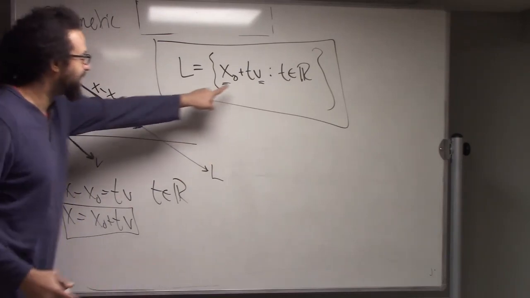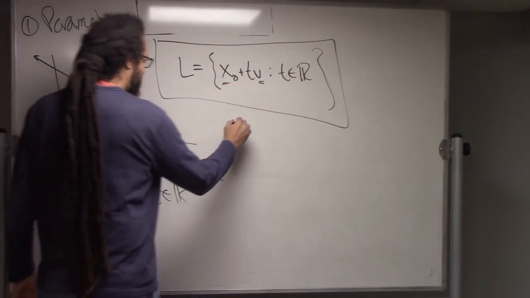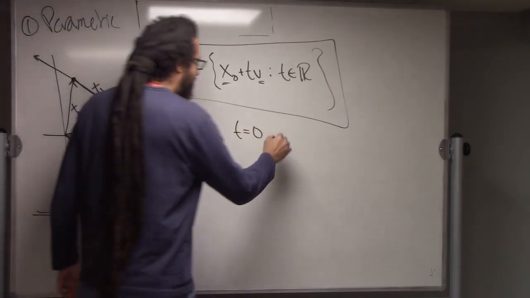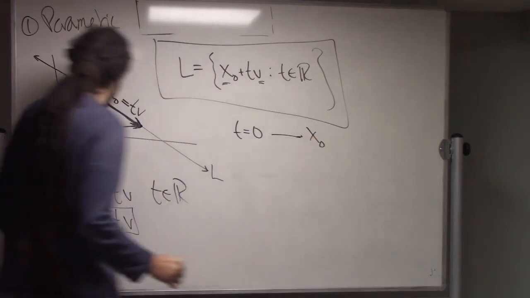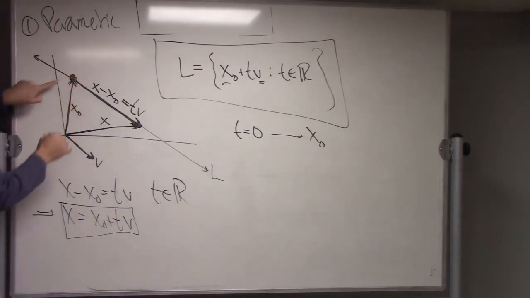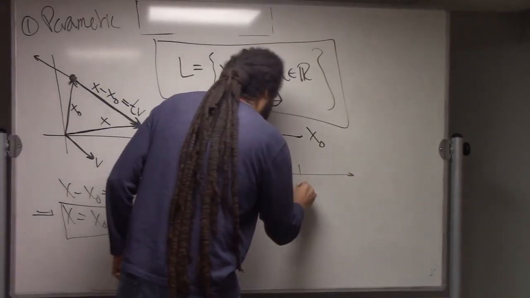And here's how you think of this parameter. So what happens when t is equal to 0? Well, when t is equal to 0, you just get the point x0. So when t is equal to 0, here we are on the line. So maybe let's go ahead and draw a real line.